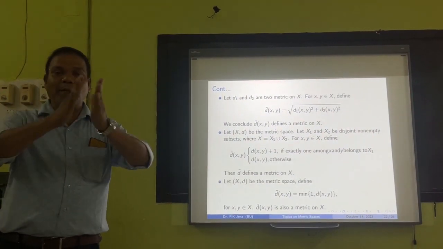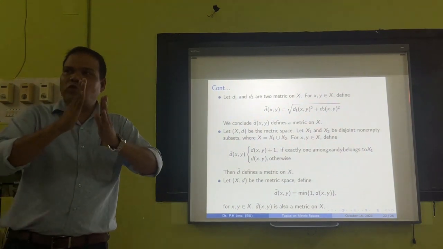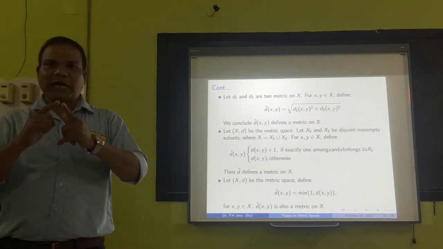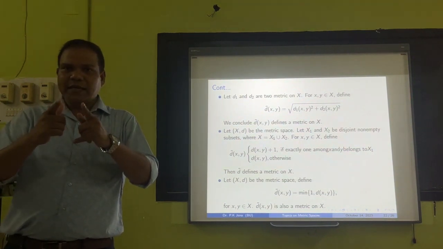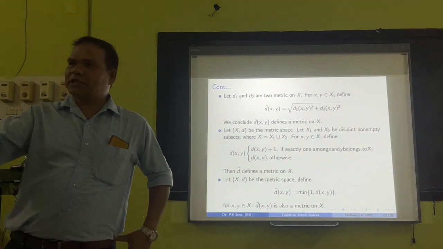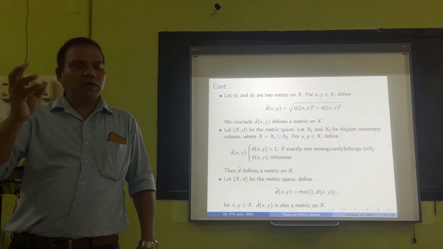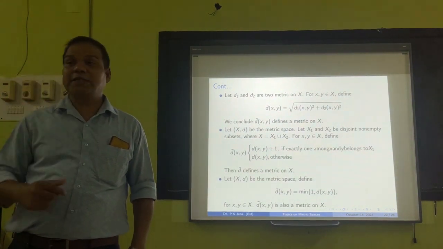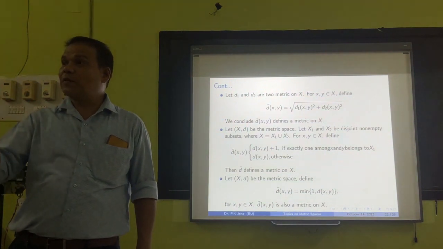You can define the minimum for two elements: suppose x and y are two elements. How to define the minimum of x and y? It is (x plus y minus modulus of x minus y) divided by 2. You just see that in case of complex numbers you cannot define the minimum of two numbers or maximum of two numbers.